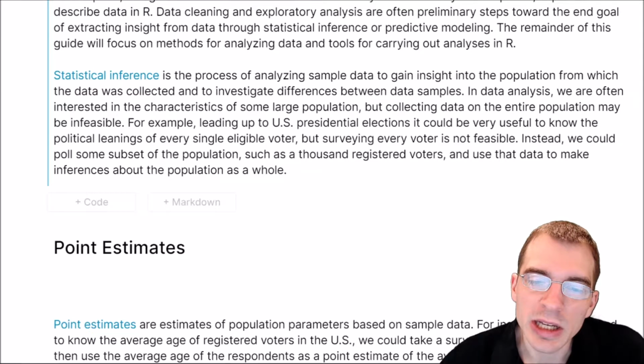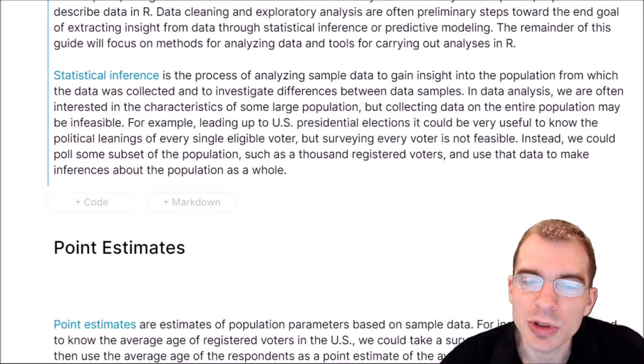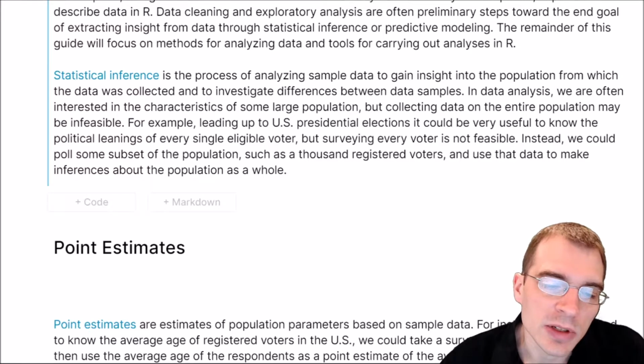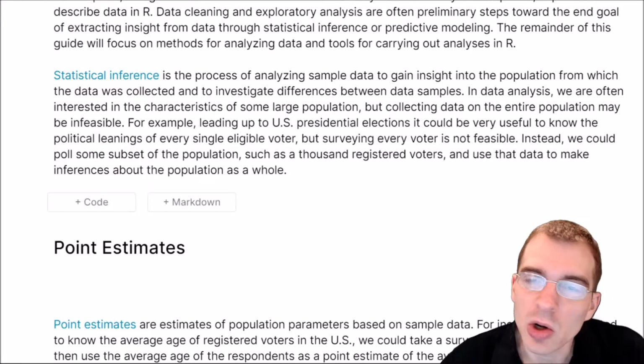For example, leading up to the US presidential elections, it could be really useful to know the political leanings of every single eligible voter, but surveying everyone that can vote is not feasible. So instead, we might poll some subset of the population, such as 1,000 registered voters, and then use that data to make inferences about the population as a whole.